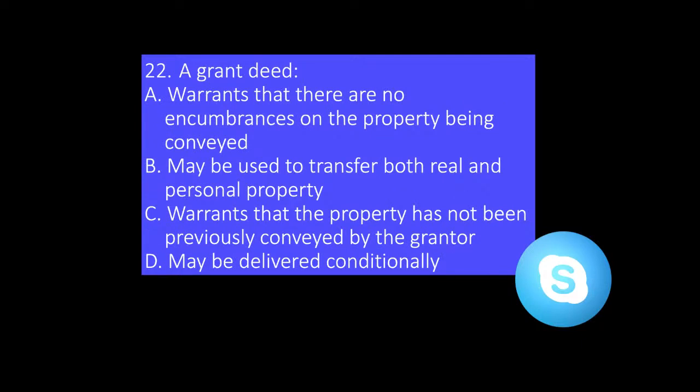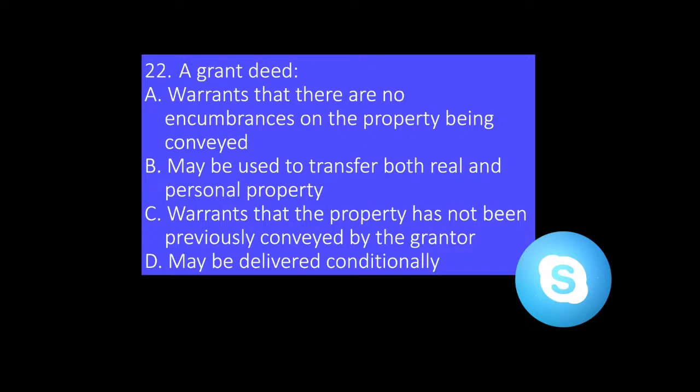Okay. Grant deed warrants that there are no encumbrances on the property being conveyed. May be used to transfer both real and personal property. No, personal property isn't transferred by grant deed.